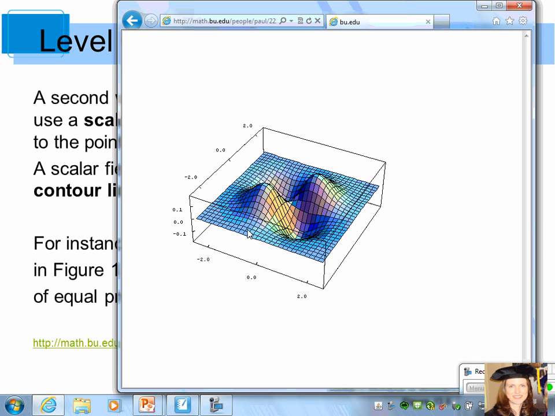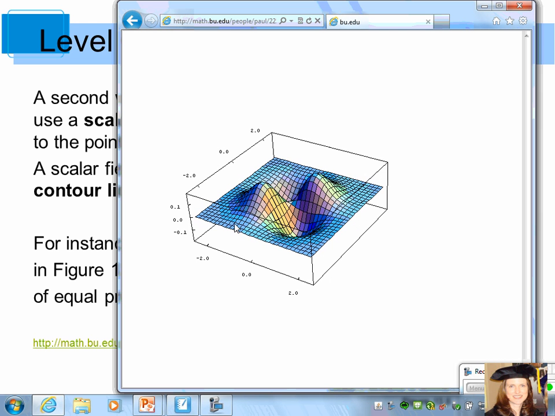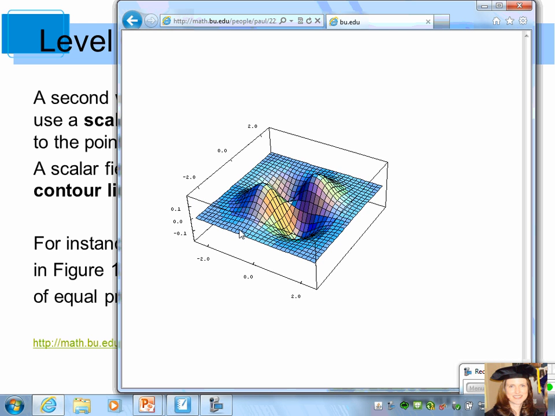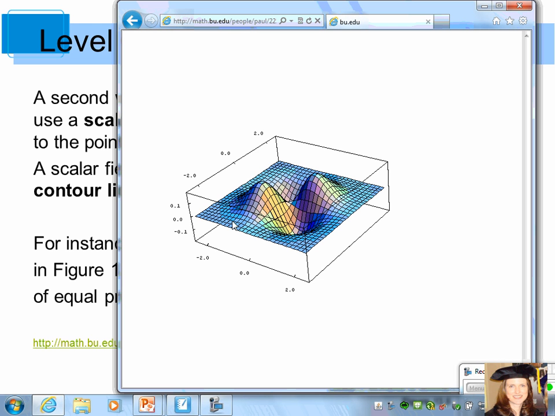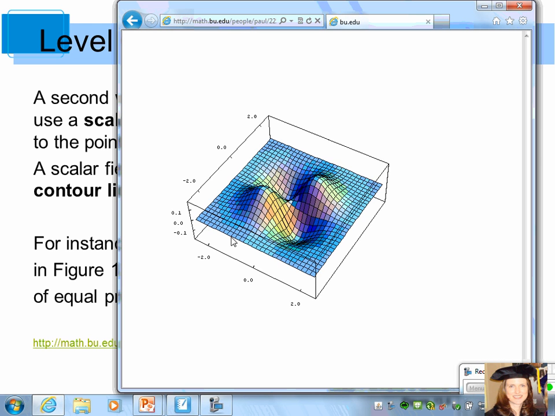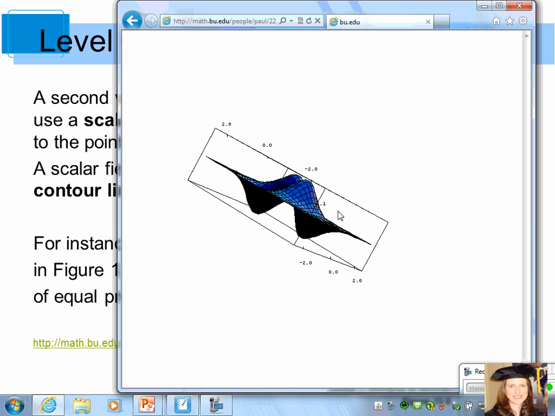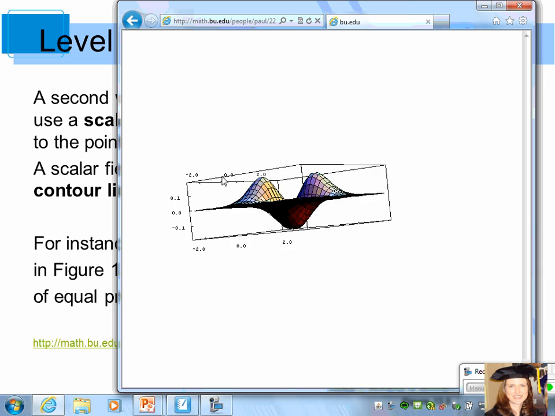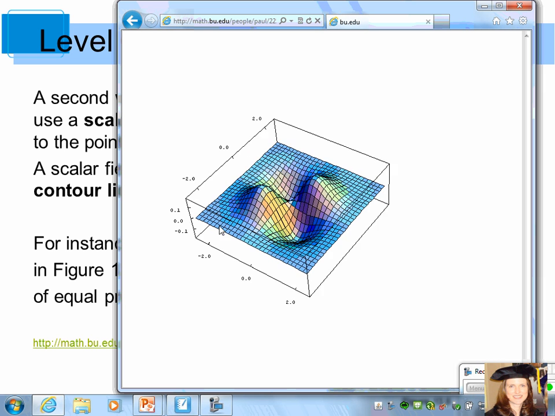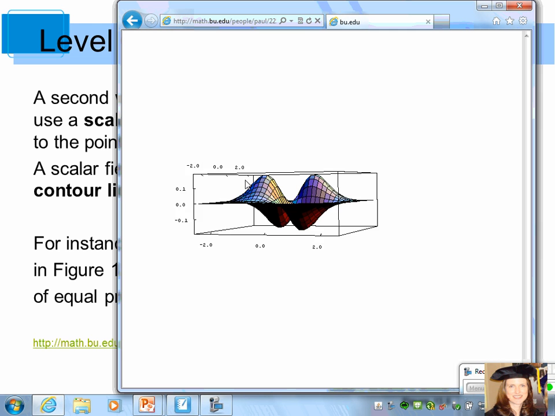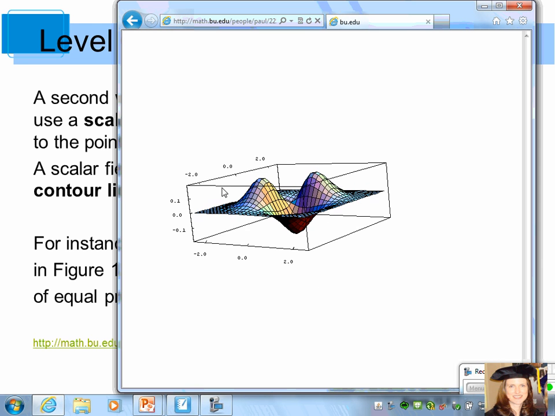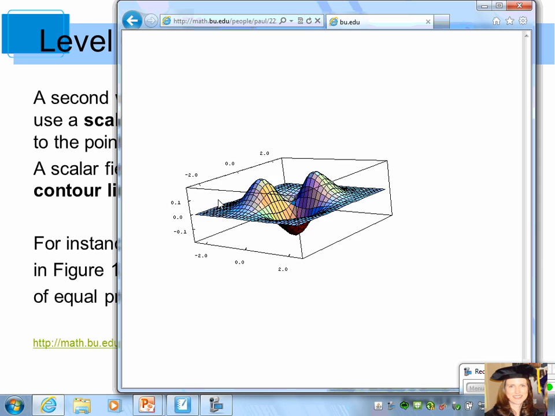So let's try to figure out a way that we can look at this 3D surface, but represent it in a two-dimensional way. In this case, you can rotate the graph a little bit and see it has a couple hills and valleys. And what this link is going to show you is how we can create those contour lines.